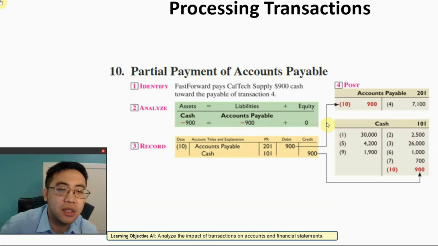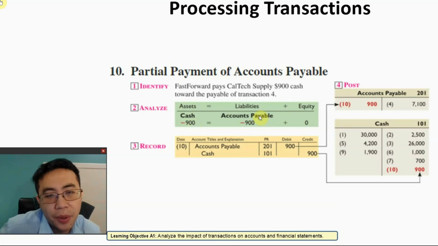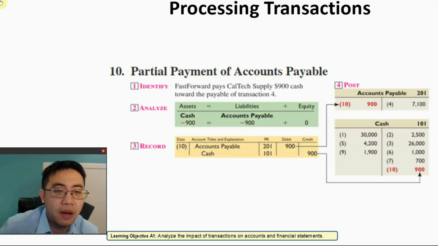So in this analysis, you will see the asset cash got reduced by 900, and accounts payable also got reduced by 900 because you have a reduction of the bills to pay. So if the liability got reduced, then that should be recorded as a debit. And once again, when cash as an asset got reduced, that'll be recorded as a credit.